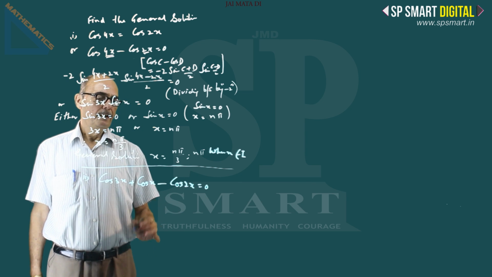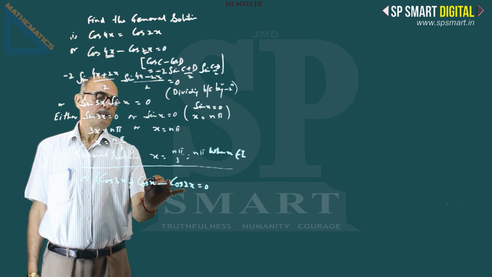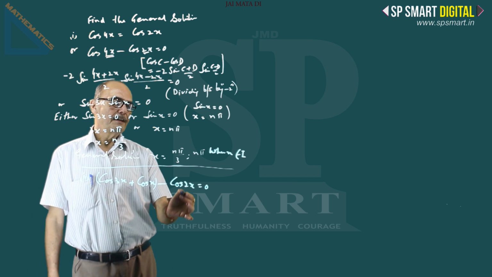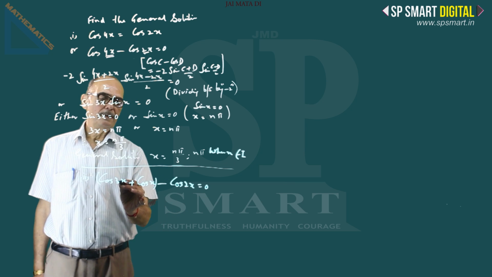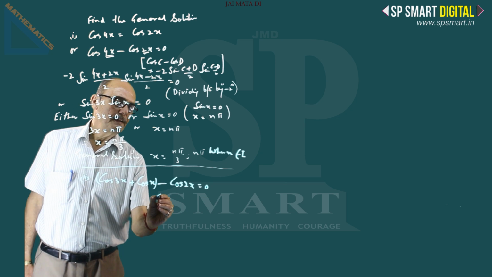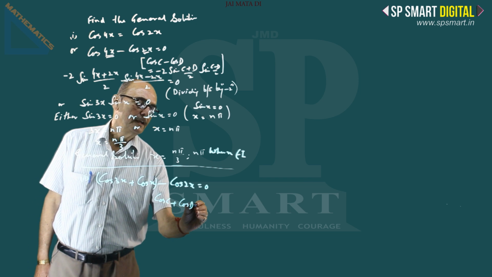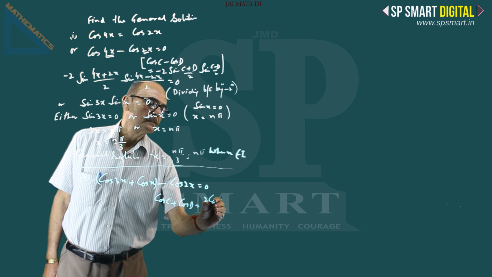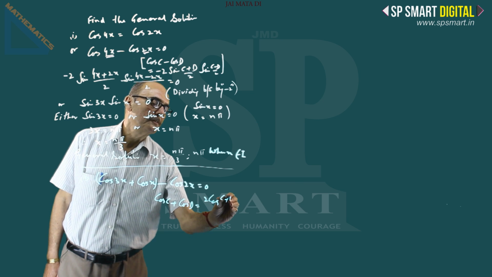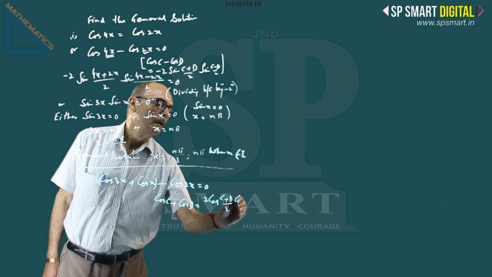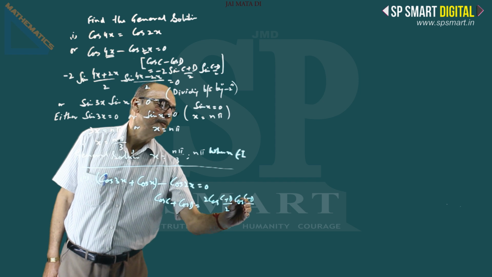If you combine the first two terms and simplify, apply the formula cos c plus cos d equals 2 cos of (c plus d) by 2 cos of (c minus d) by 2.